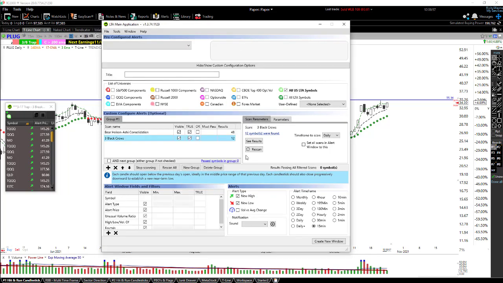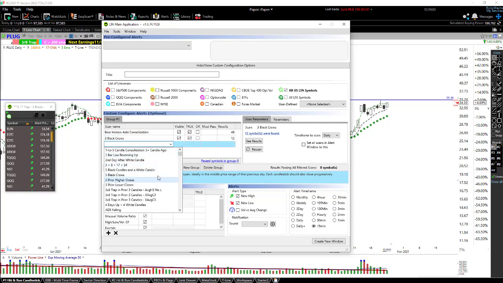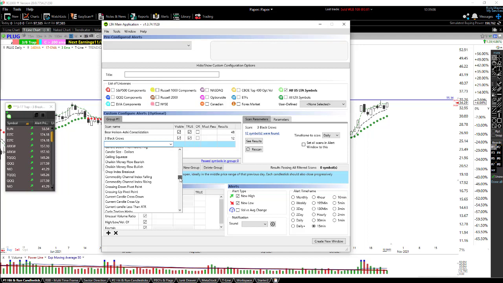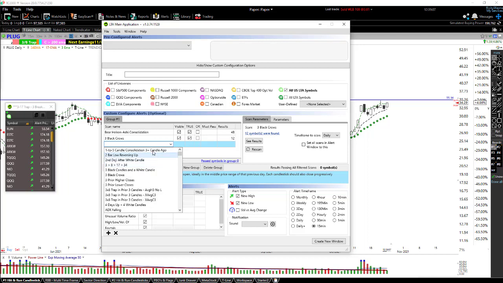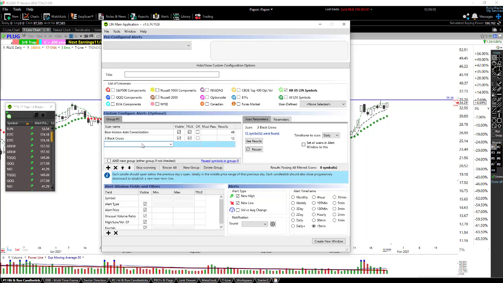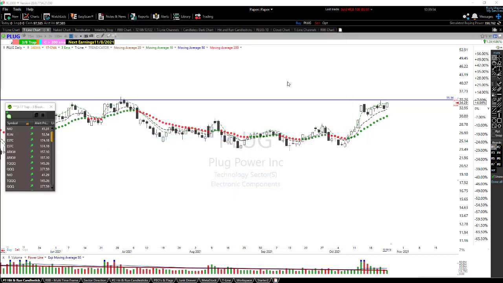Now you can't go in there and code anything, but there are just loads of scans already available. But if one doesn't work to suit you, then just contact Ed, and Ed will build it to suit you.